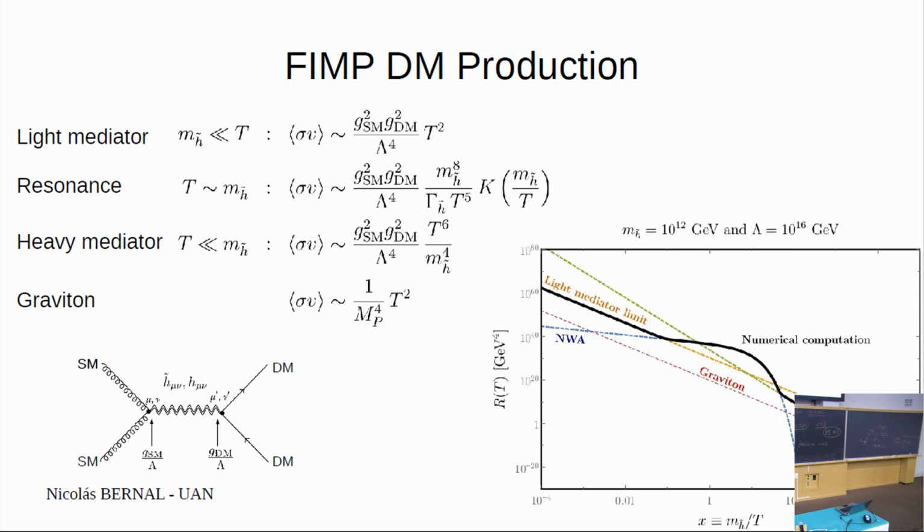Then you have a regime where you have the heavy mediator, and then when the mediator is super heavy, the interaction is mediated by the graviton. So you have these 4 regimes. And in particular, I want to focus on these 2, so when the mediator is heavy, and in the case of the resonance, because in these 2 cases, the impact on T reheating will be super important.